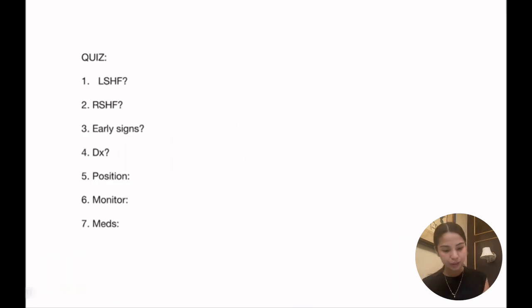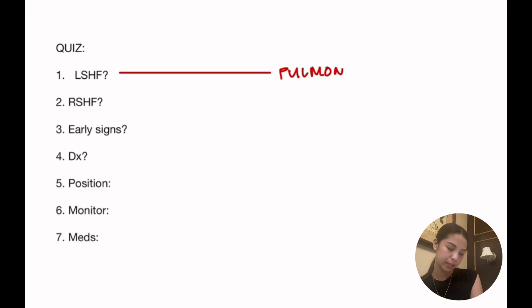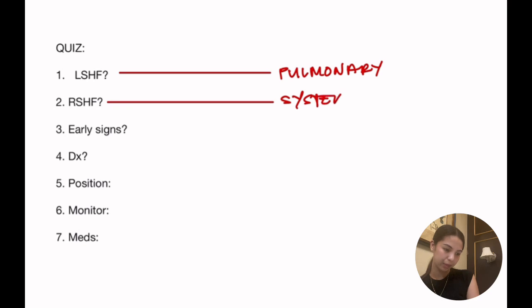So quiz. Again, what is left-sided heart failure? Left-sided heart failure, is that pulmonary or systemic? Left pulmonary. Right-sided is systemic. Early signs and symptoms, I already mentioned this. I even made it a star for you.